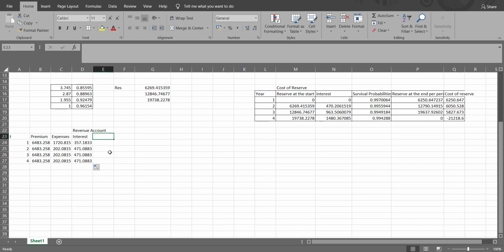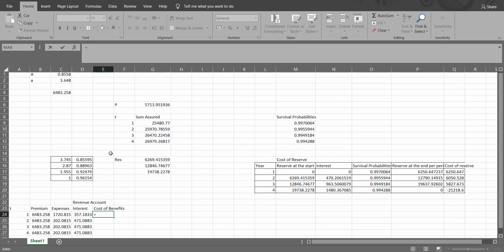Okay, next is the cost of death and survival benefits. So first, what is the death benefit cost?